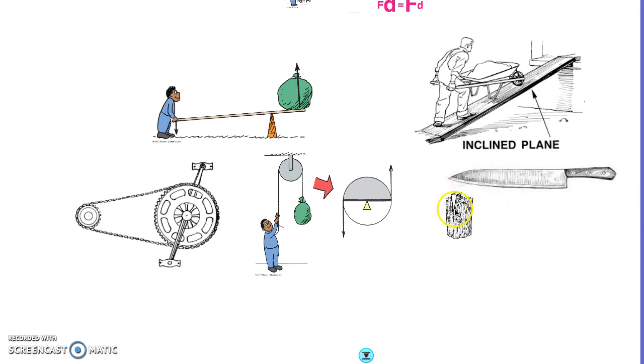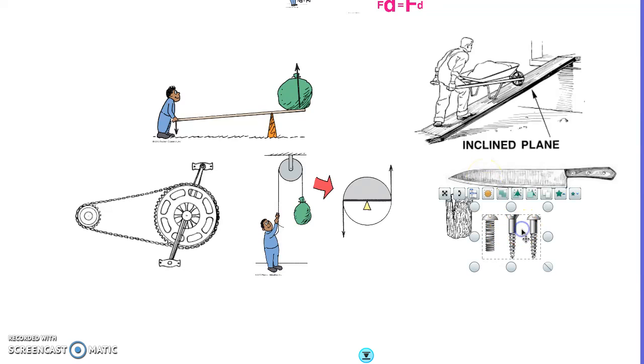If you look at the wedge here, it's very sharp and pointy, and you move it through something to split it in half. So knives would be an example of wedges and so forth. And those would be a type of inclined plane, just that instead of slanting on one side, they slant on the other side and come to a point. So if it's a wedge, like a knife or this wedge in the wood, they would be like two inclined planes put together to make a point.